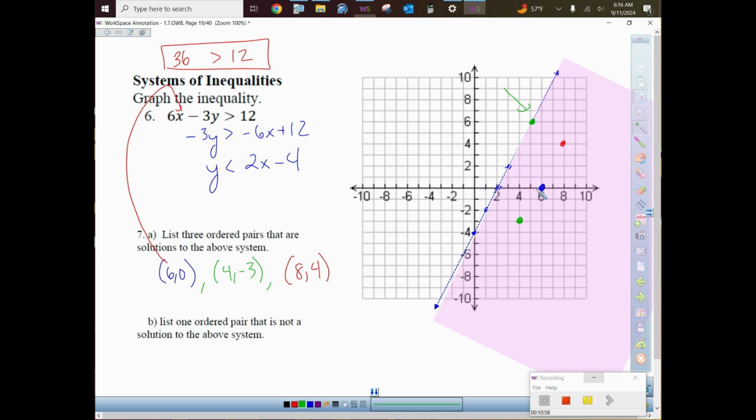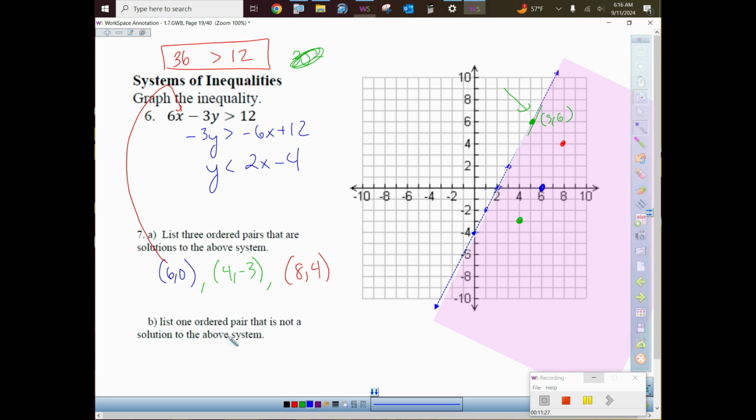So if I put that ordered pair 5, 6 in here, 5 goes in for x, so that would be 30. Take away 6, which is... let's just forget about that. But if it's totally on the line, if the line is solid, it counts. If the line is dashed, it doesn't count.